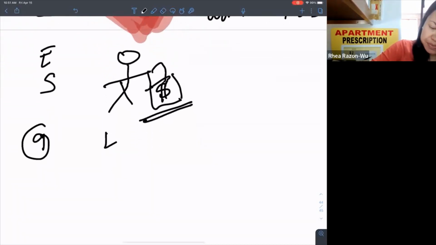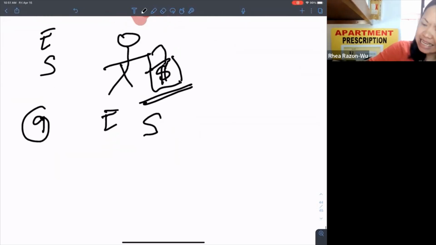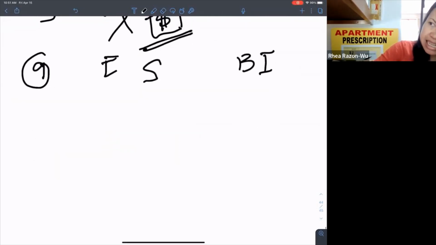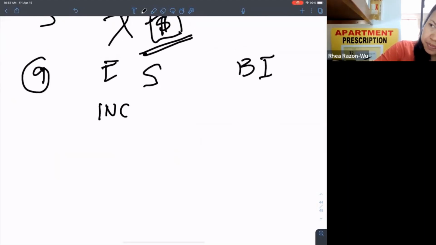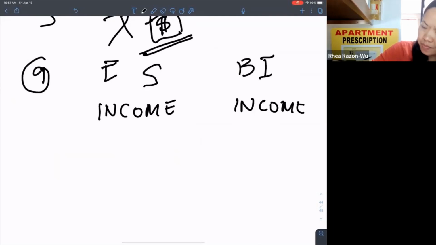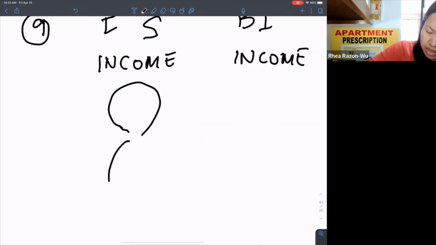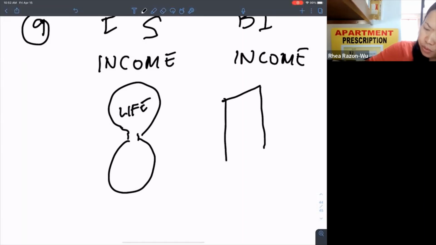Ninth point, the E and the S and the B and the I. And this is all about income. So this is my quicksand, and this is a file of folders.